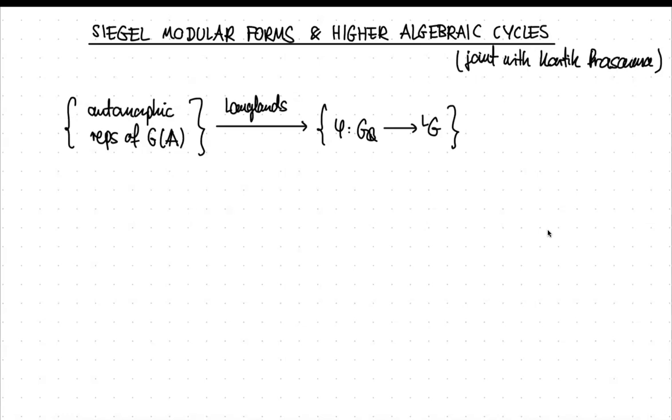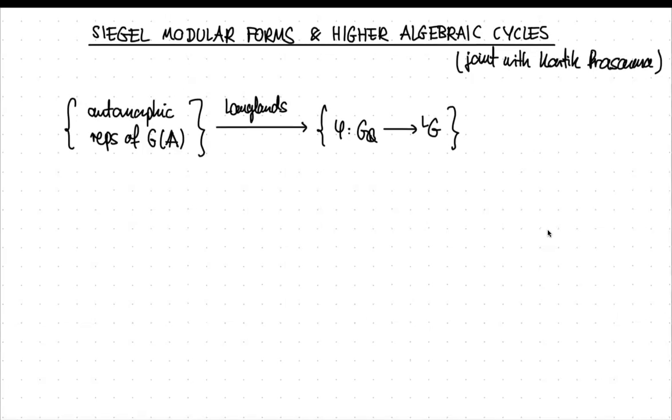And today, of course, when we think about the basic examples of the Langlands program, let's say weight 2 modular forms, what we have in mind is not a Galois representation, but maybe even the elliptic curve associated to the modular form.